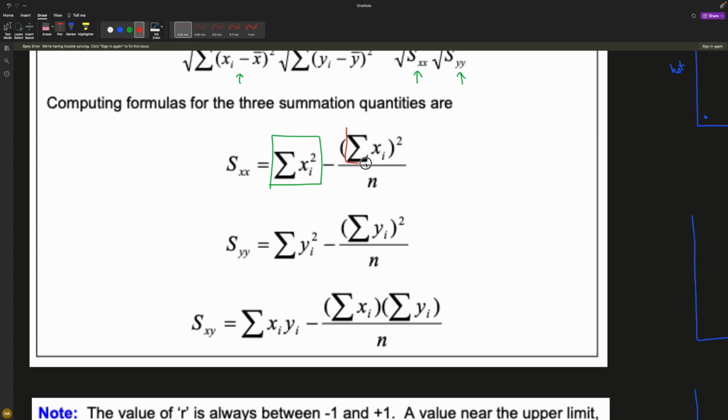So once you plug in your data, you'll get these two, and then you'll just plug this one here, minus, plug this one here, square it, and then divide it by your n. So that's how you get your SXY. Your SYY is the exact same thing you do for the X, except you put your Y points.